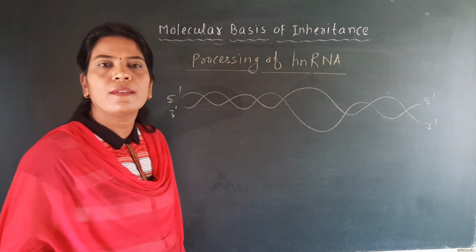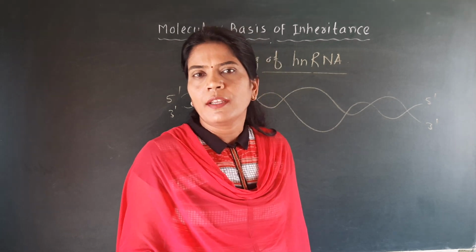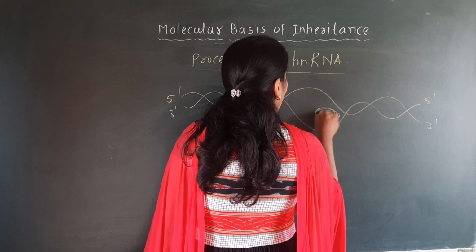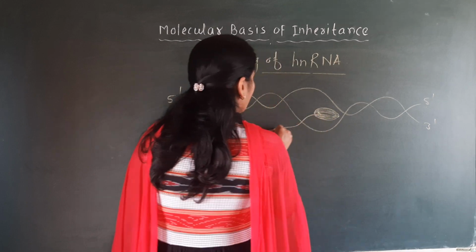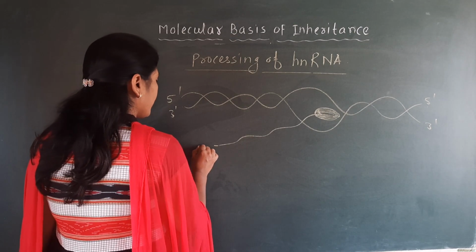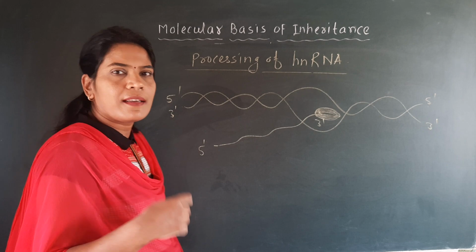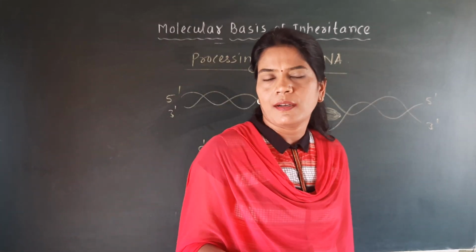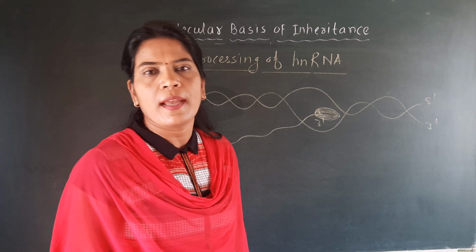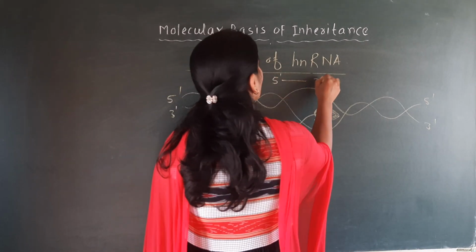We have seen that on the template strand, which always runs 3' to 5', there will be formation of the mRNA by the RNA polymerase enzyme, which has the polarity 5' to 3', because as in replication, new DNA or new RNA is always formed in the direction 5' to 3'.